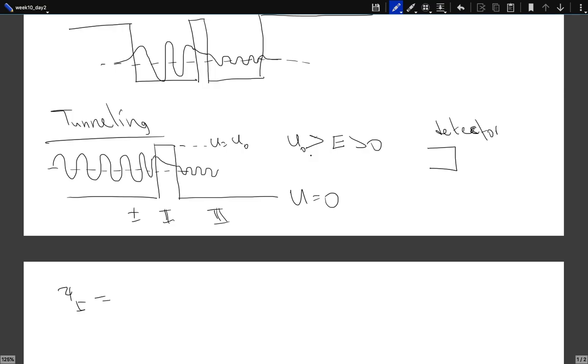So what you would expect classically is that your particle will start climbing up the hill, eventually it will stop and then come back. But in this problem, which is analogous, we will see that the particle will go to the other side. There is a finite probability for the particle to go to the other side. So what is the wave function in region 1?